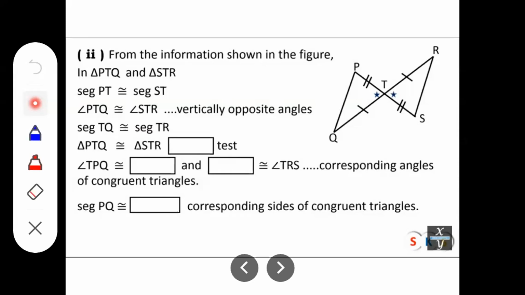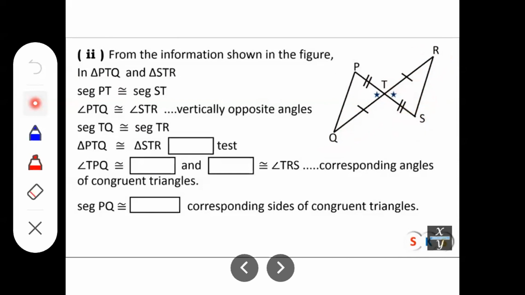Now here, observe the diagram that is given, triangle PTQ and triangle STR. Those are the two triangles given here.